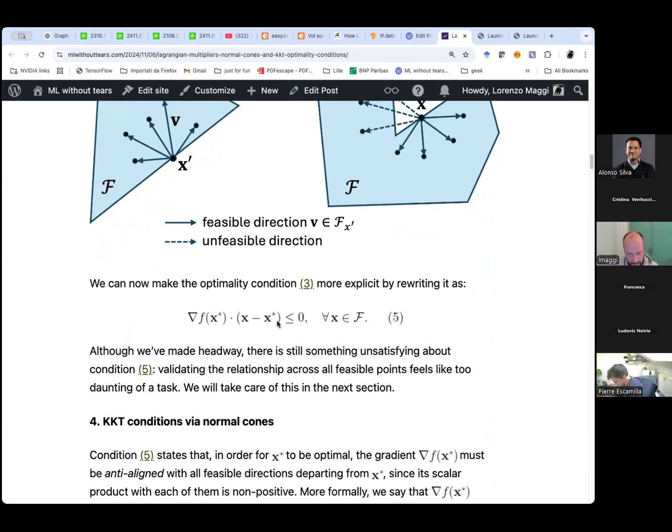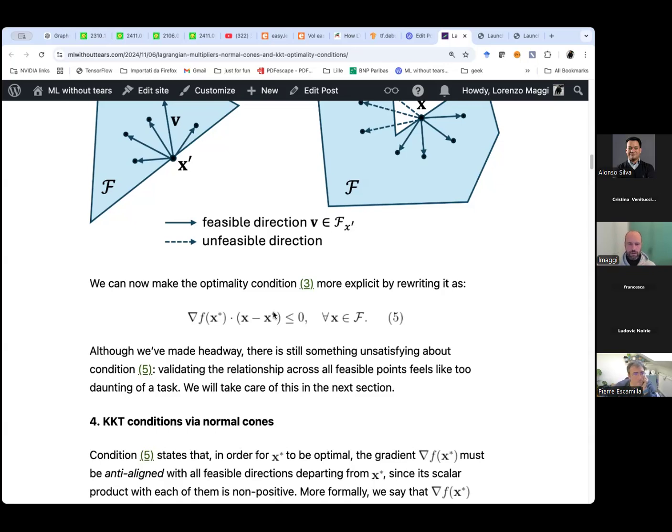This new definition is only a function of something that we know, the feasibility region. It says that if x star is optimal, then it must be, let's say, anti-aligned. So its scalar product with any vector of this kind must be non-negative. Okay.